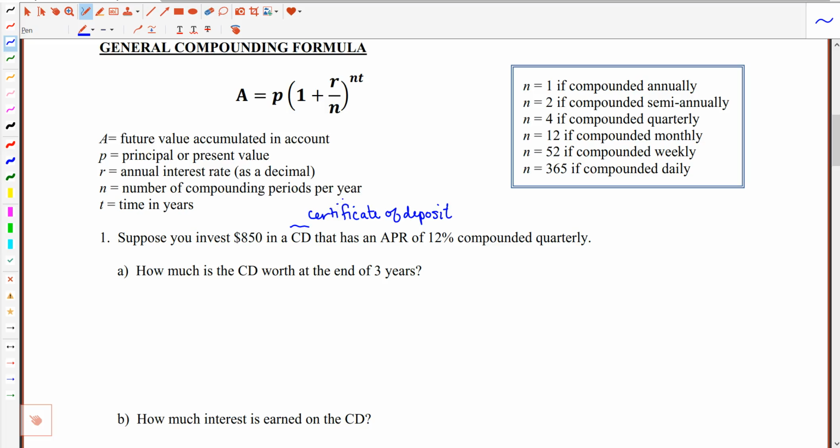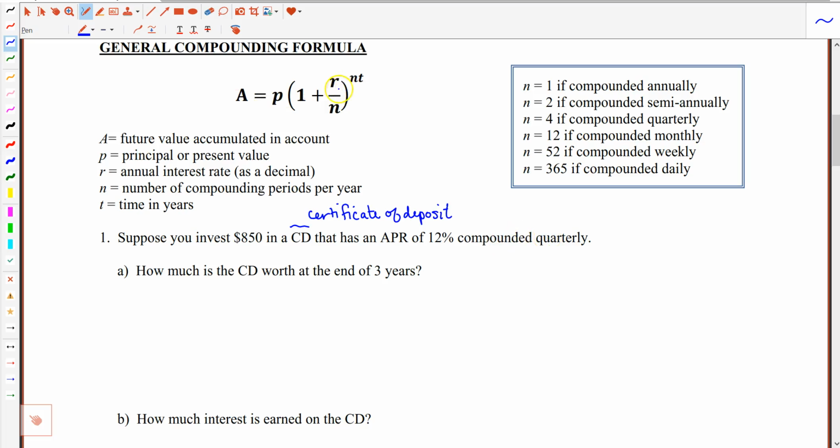The details of a CD is that you would put your money into this account and let it sit in there for a specified amount of time until the CD matures, and then you can withdraw your funds. So for this CD, you're going to start by investing $850, and the CD will be compounded quarterly. So the question is, how much is the CD going to be worth at the end of 3 years?